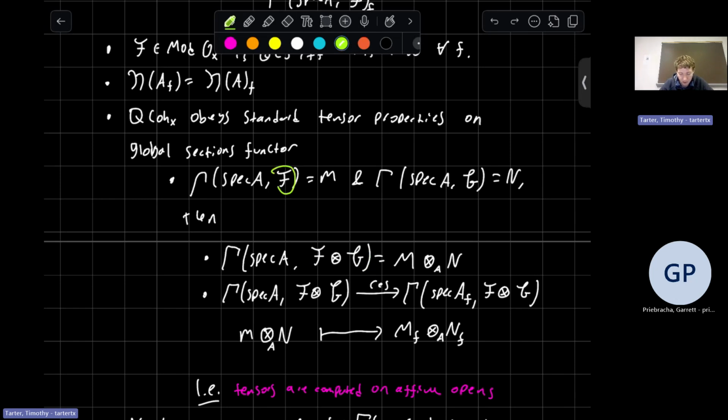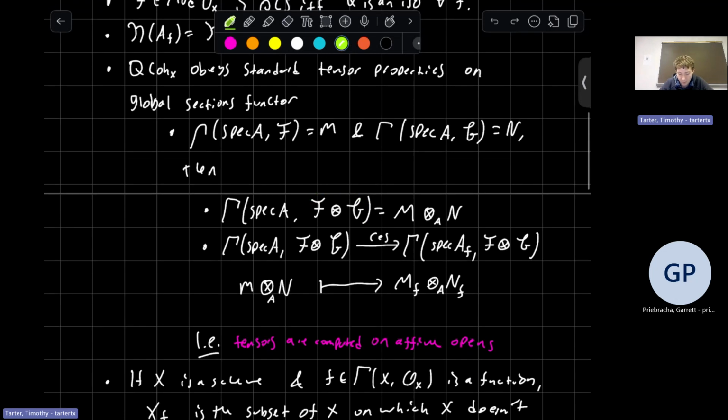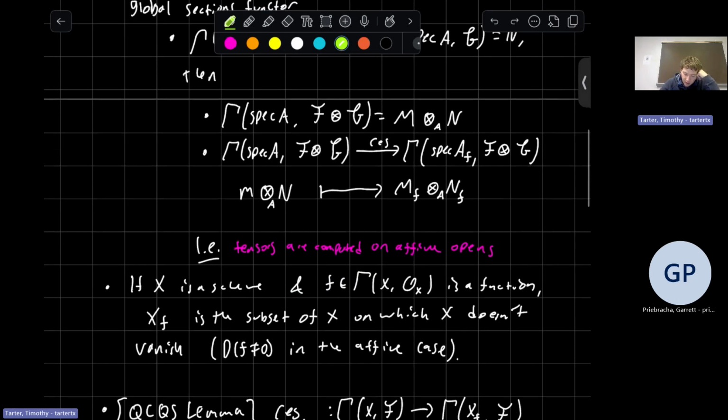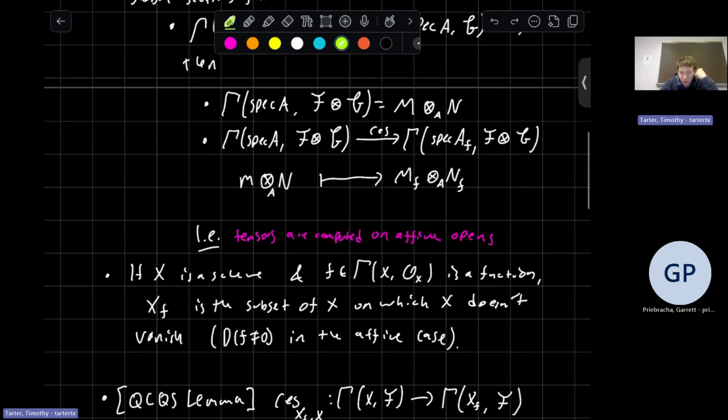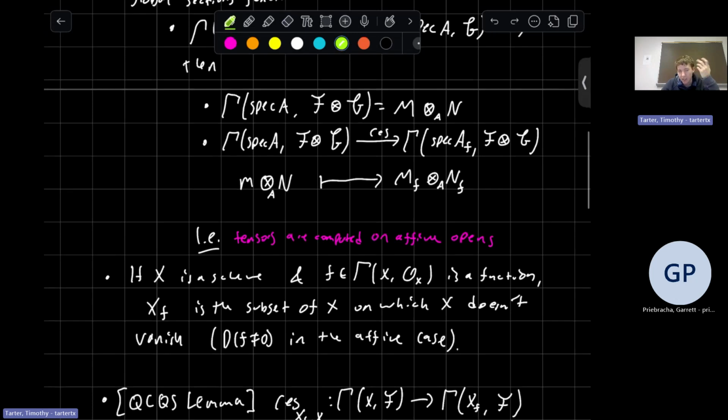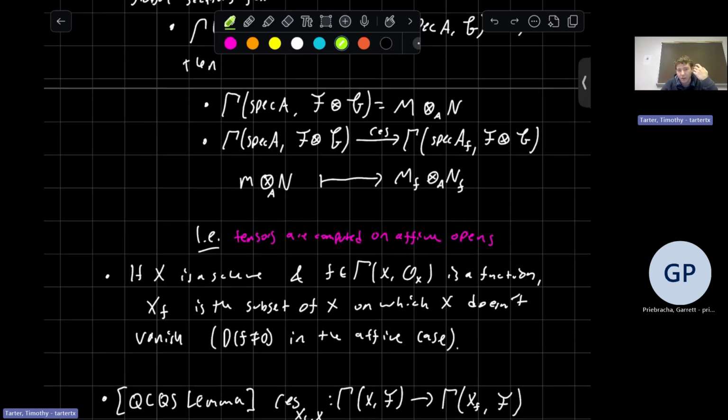But if F and G are quasi-coherent sheaves, and you tensor them and take the global sections functor, then it pops out to be a tensor product of A-modules of the sections. Similarly, restriction maps are localization. This is an important thing that we get some mileage out of. The real fundamental idea here is that things are nicer to compute on affine opens.